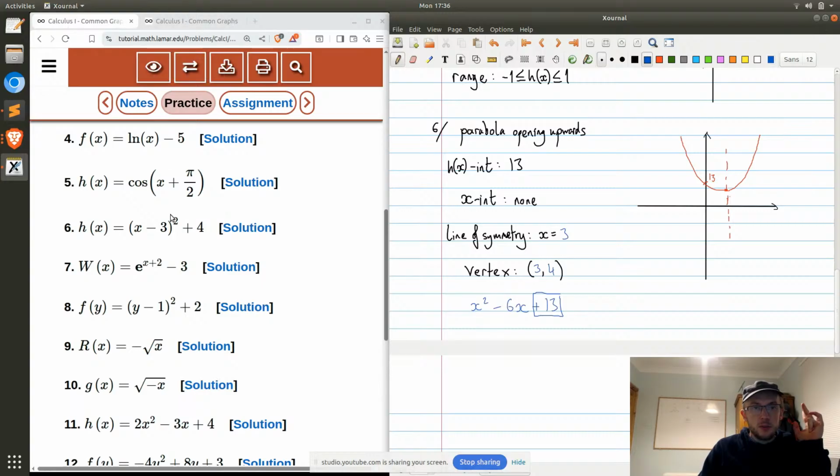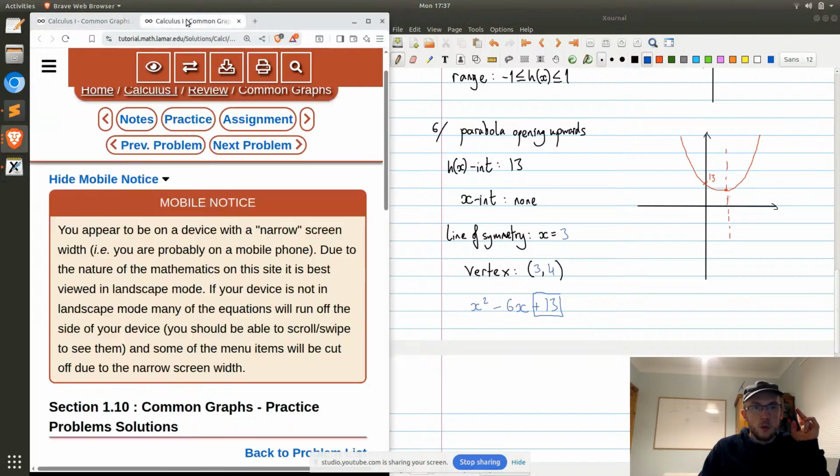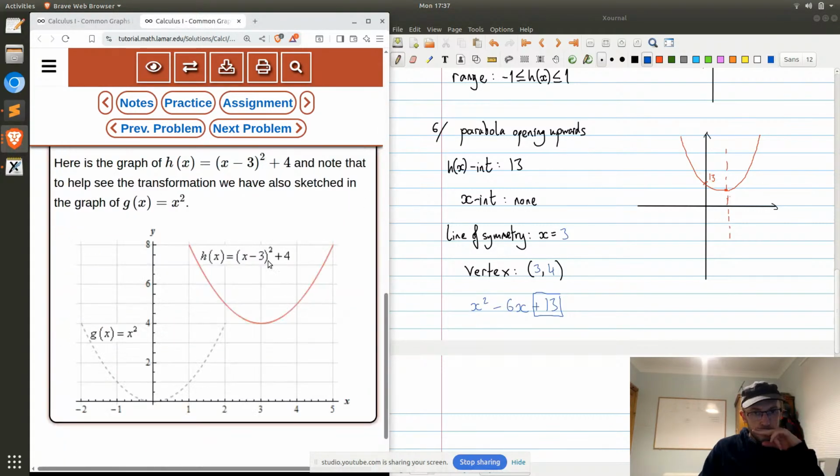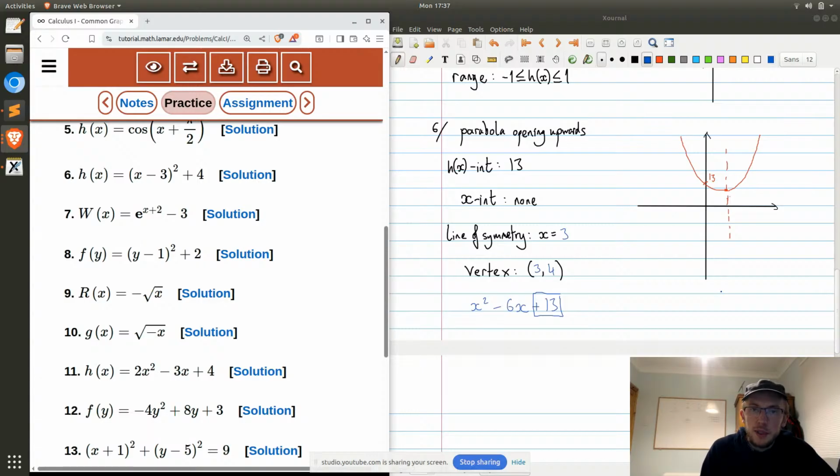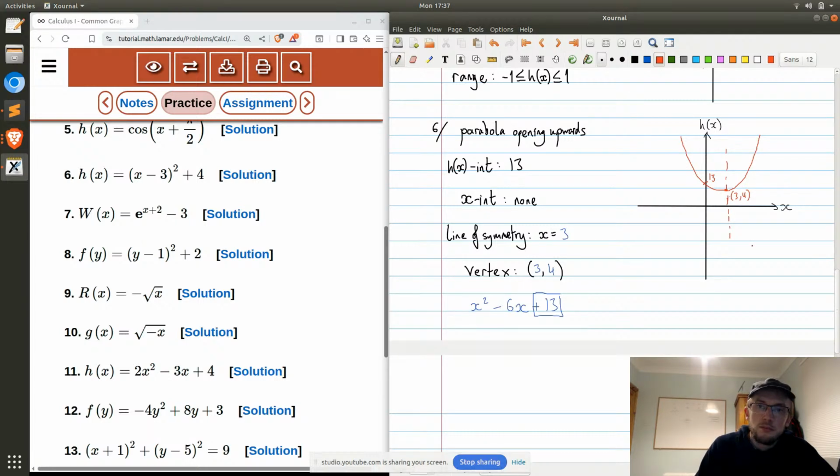The vertex form. Look. 3 and 4. That's how you get the vertex from the vertex form. I get it. All right, so label the axes. And the vertex itself. And let's proceed.